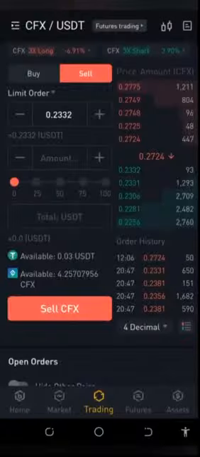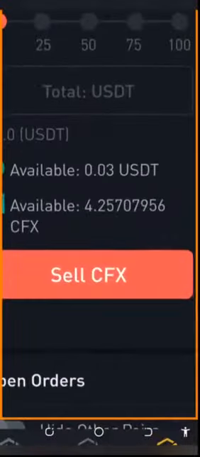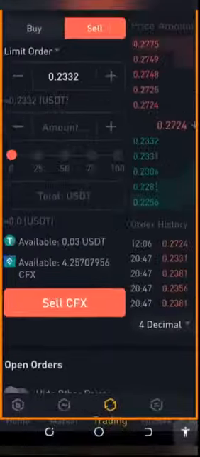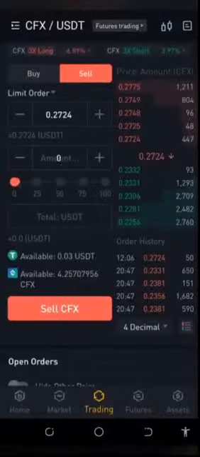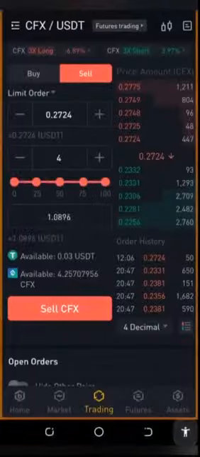Okay, don't forget this is supposed to be $1 that we sent, right? $1 worth of what's it called now? CFX. So if you see now here, we have 4.25 CFX. So if this is really true of the 16%, that means that if I try to sell this, for instance, see what we have.